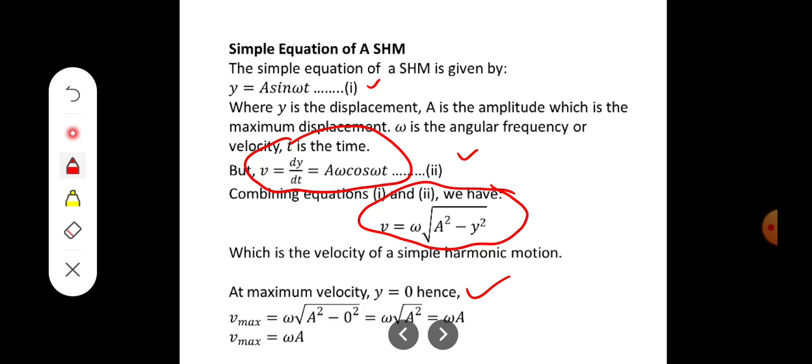If you substitute y as 0, Vmax is omega root a squared minus 0 squared, which is omega root a squared, equal to omega a. So whenever you're asked to find maximum velocity, it is simply omega a.